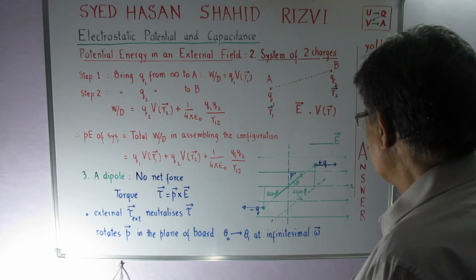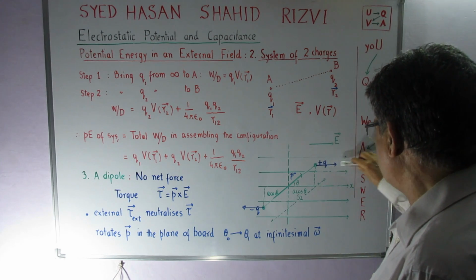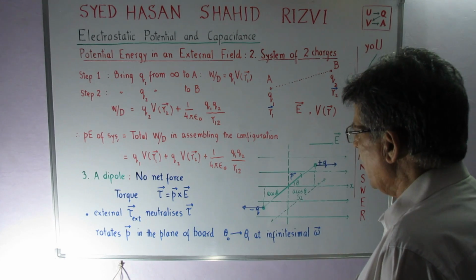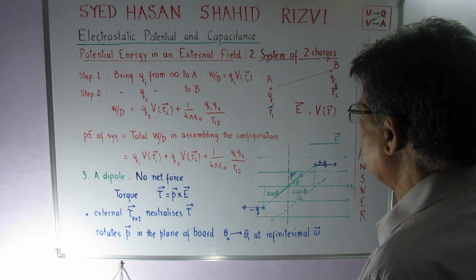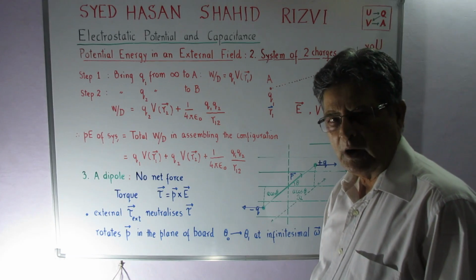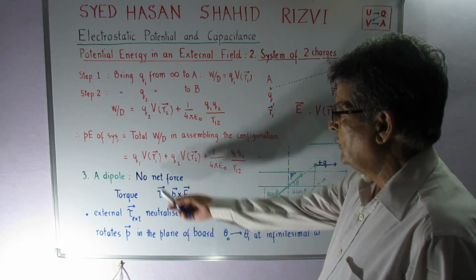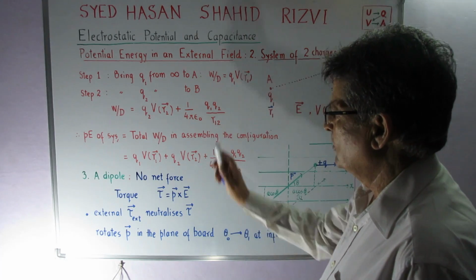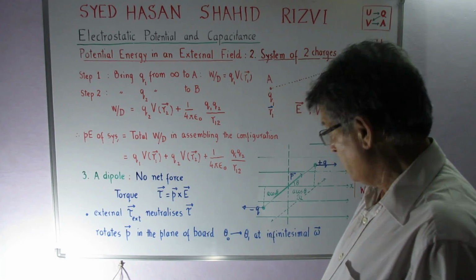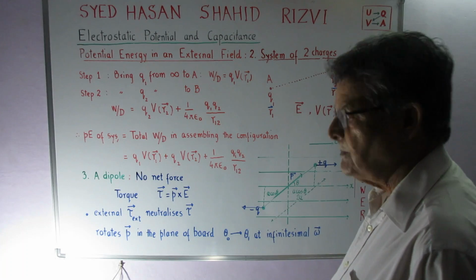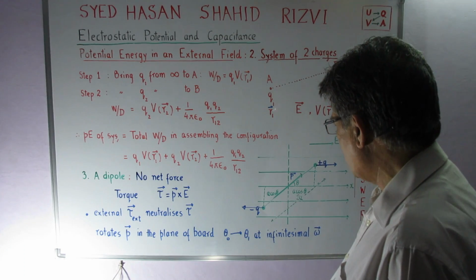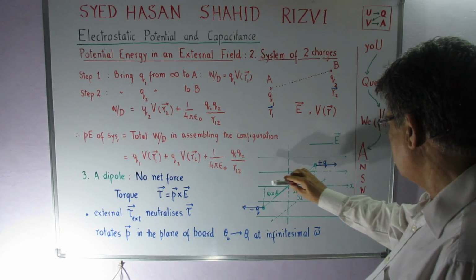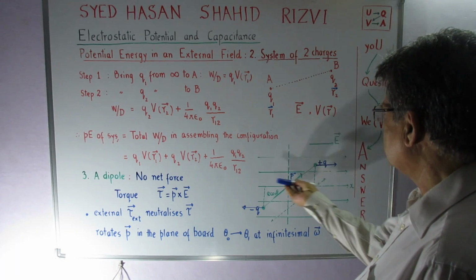So what happens is that there are two forces. I am not writing force and force. They are equal and opposite. Therefore, the net force for the system is equal to 0. However, there will be a torque. And this torque will try to bring it either this way or this way.